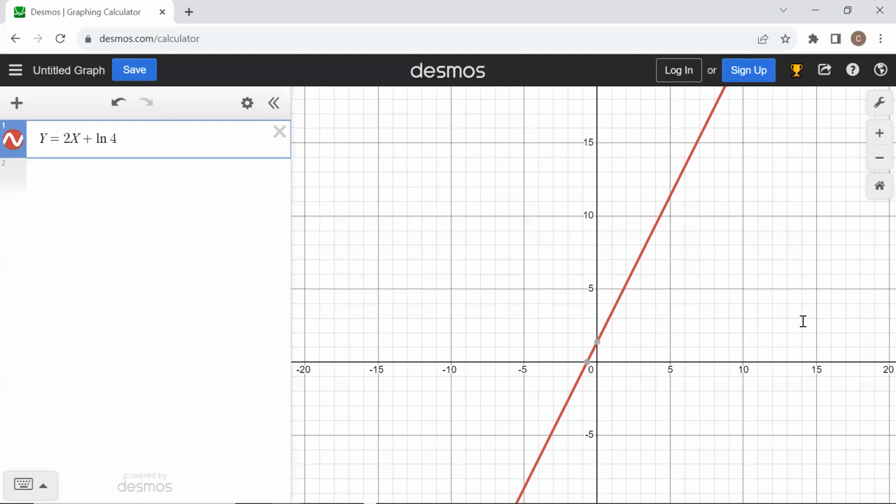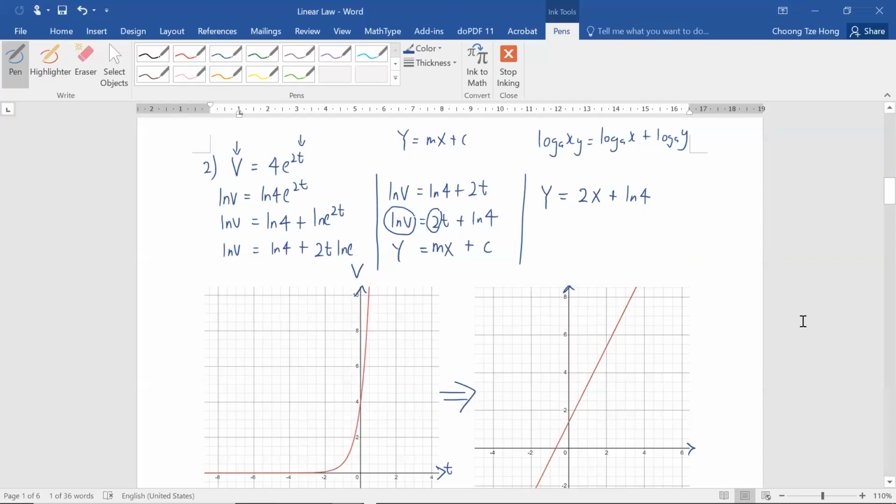But what was the change that we made to the vertical and the horizontal axis? On the vertical axis, as you can see, big Y is ln V. M is 2, then big X is T, and C is ln 4.